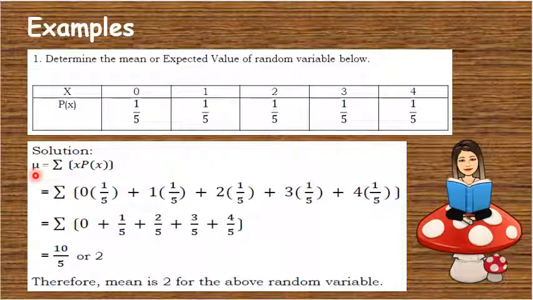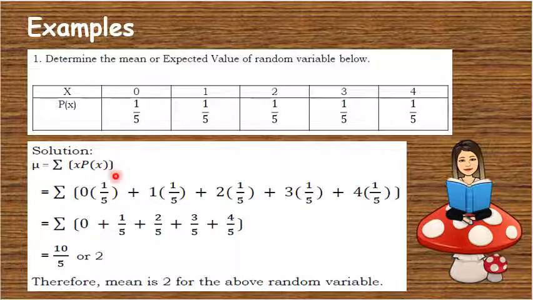Mu is for the mean. So, mean is equal to the sum of x times p of x. We will multiply yung x lang at saka yung p of x. So, kukunin natin yung sum nila. So, we will use the addition sign.